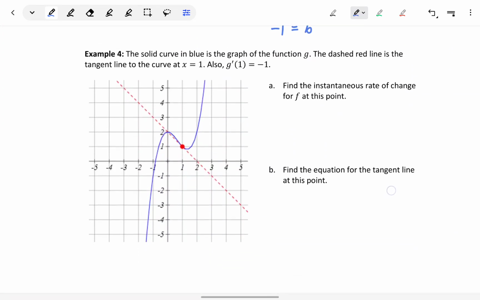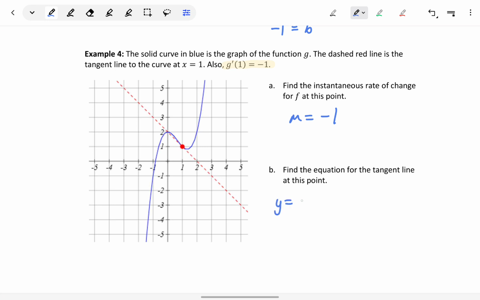We'll use those ideas to look at one more example here, keeping in mind that what we have is the graph of the tangent line for this function. We've reduced the distance between those 2 points that we would have used to construct the secant line to nearly 0. And we're given this information again about the derivative of our function at x equals 1. We're told that the value of that derivative function is -1, which means that the slope of our tangent line, which is the instantaneous rate of change of our function, is -1.